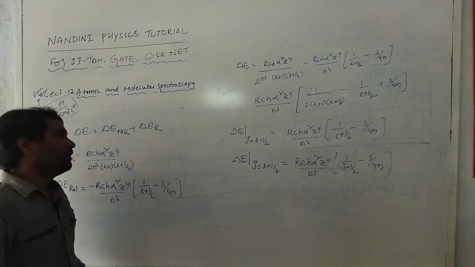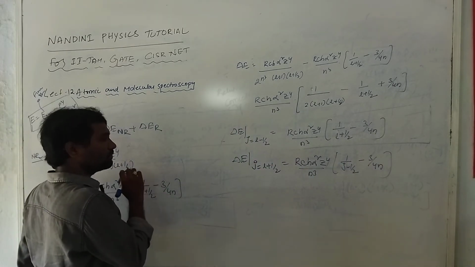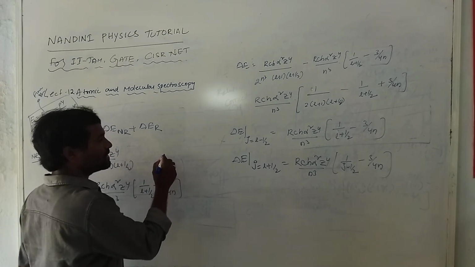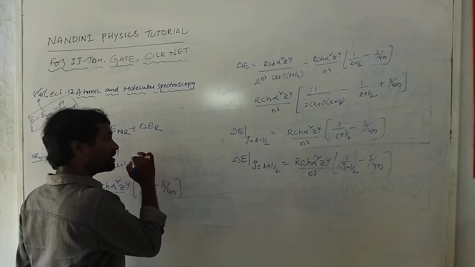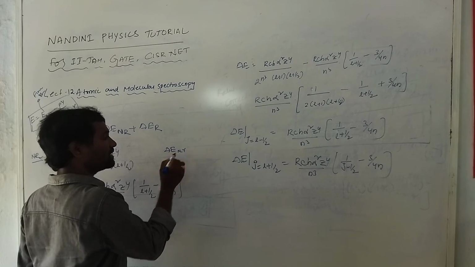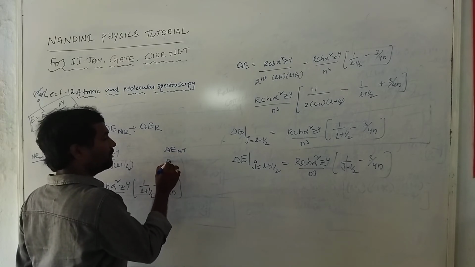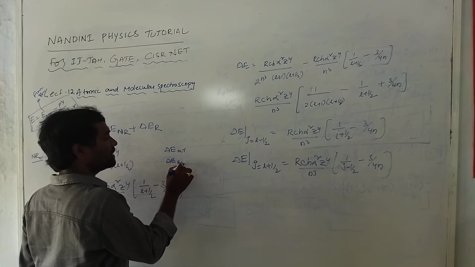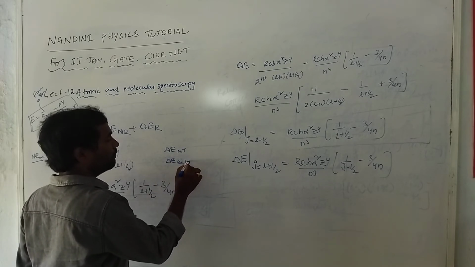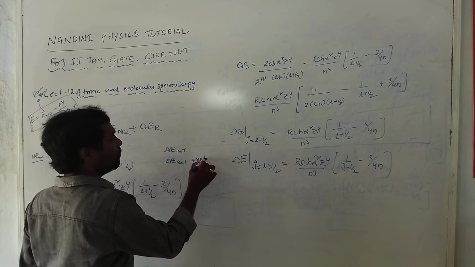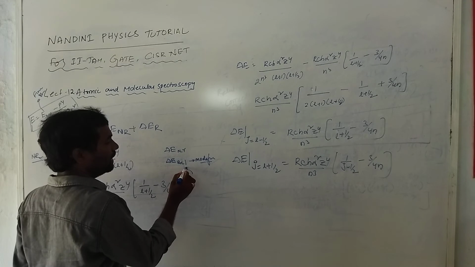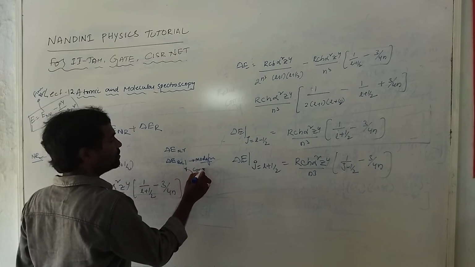Okay, understand everybody? So once again I will give a small detailed explanation of this. First of all we find the delta energy, the energy shift, in the non-relativistic case. After that we find the energy in the relativistic case. Here there is some modification identified by scientists, so he introduced a correction energy concept.